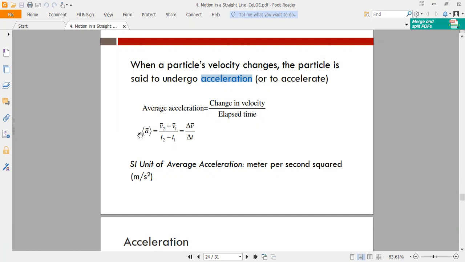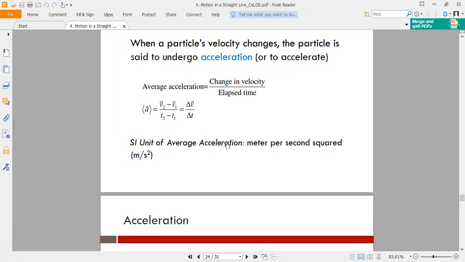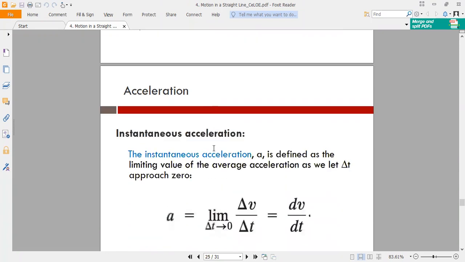To find the average acceleration, it's simple: we find the change in velocity over elapsed time. The unit is meter per second squared.